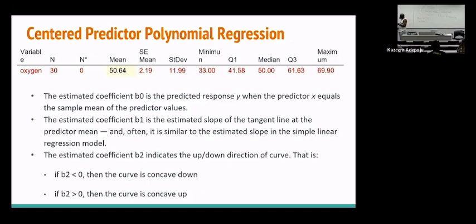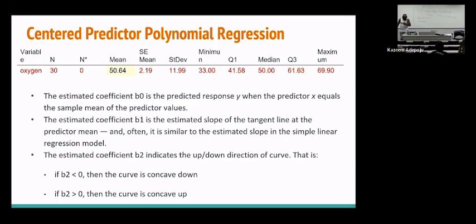But before I center, what is the meaning of B0? The intercept in polynomial regression is the predicted response when X equals zero. After centering, it is the predicted response when X equals the sample mean. Why am I centering? I'm centering because I want to get away from multicollinearity. So one of the ways to escape multicollinearity in a polynomial regression is by centering, which is standardizing.